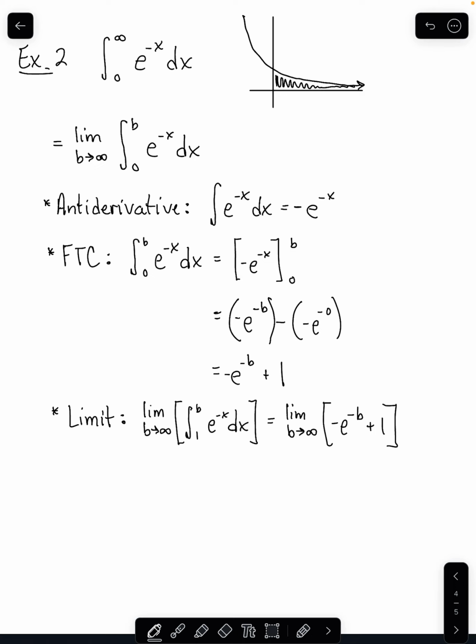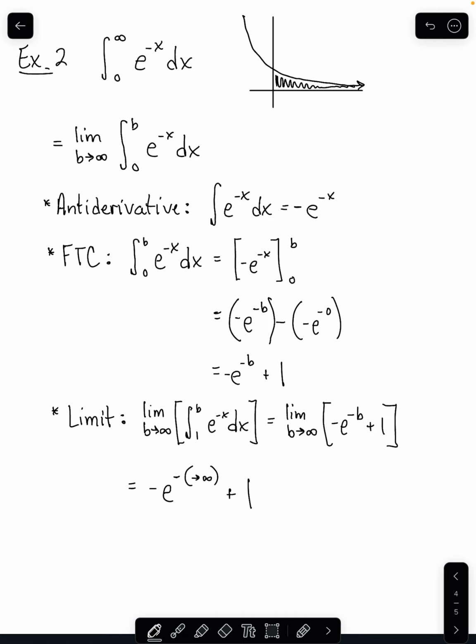Ultimately, this is going to come down to what's going on with the negative e to the negative b, since the plus 1 term is unaffected by the limit. So we really need to look at what's going on with the first term. So what we have here then is negative e to the negative of a value that is approaching positive infinity.